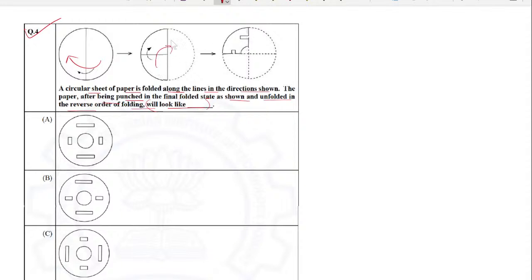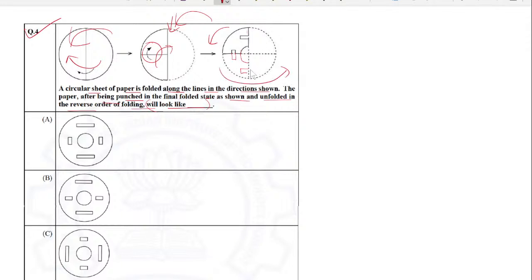First we unfold the reverse folding, so first we unfold in this way. If we unfold this way, then this section looks like this, and here is one cut. This is the step if we reverse one folding. Now the final folding is this one.